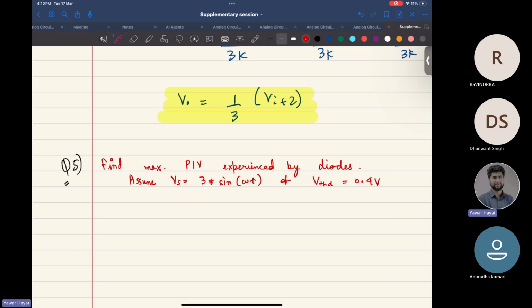So let's take up the first circuit, a half wave rectifier. I hope you recognize the circuit. So this is Vs, a sinusoidal source. This is the diode.